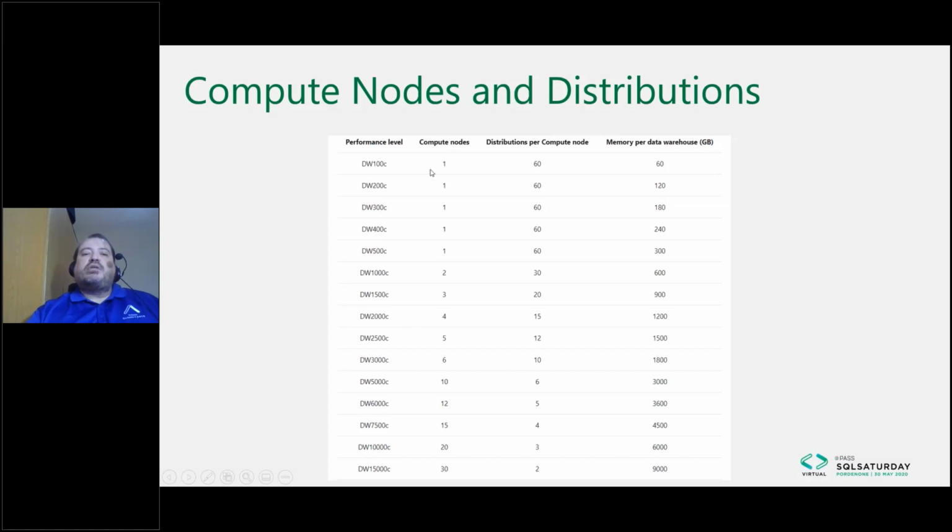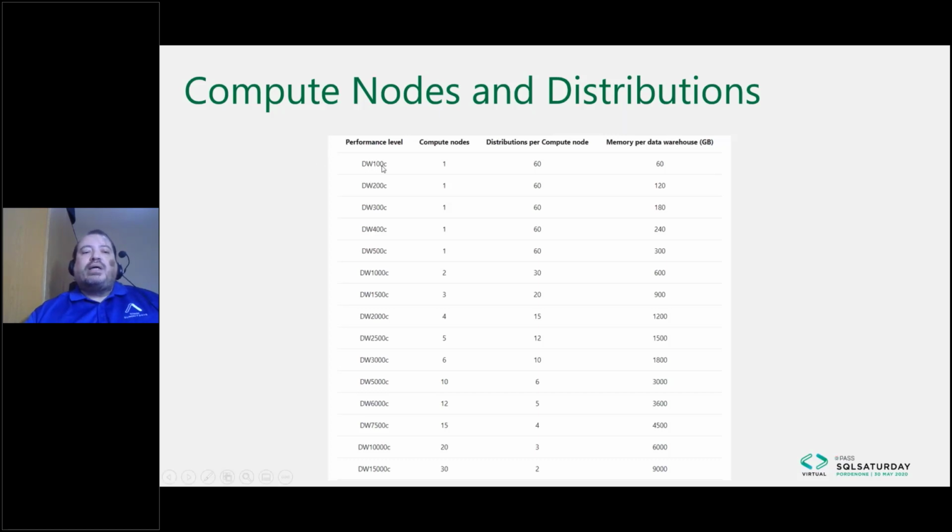Then you have the number of compute nodes it brings for you. So you choose a performance level in order to choose how many compute nodes you would like to have.